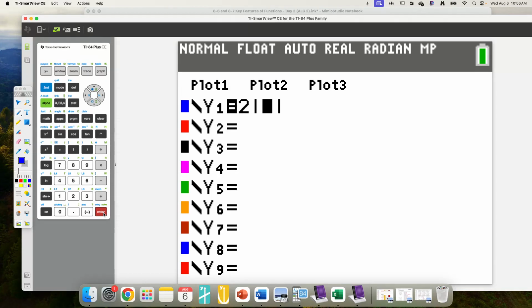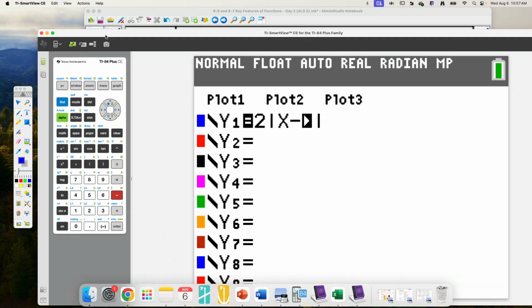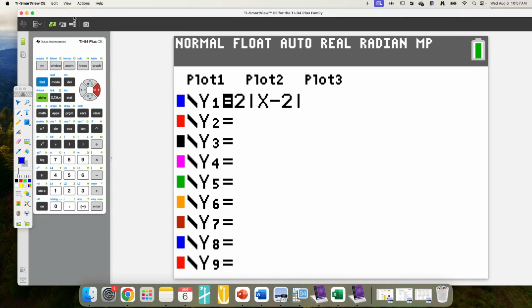And it was x minus 2. And then outside of it was minus 4. Okay, there are important points that you need to plot, okay? Let's look at the graph so we can get those.